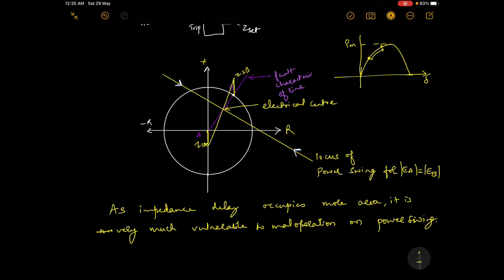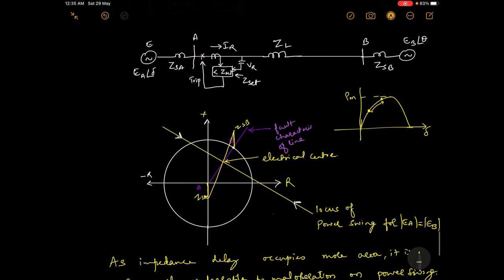During this power swing, the locus of the tip of the impedance seen by the relay slowly passes through the electrical center of the system, of a series combination of the source impedance behind the relay location, the transmission impedance, and the impedance of the source at the remote end.